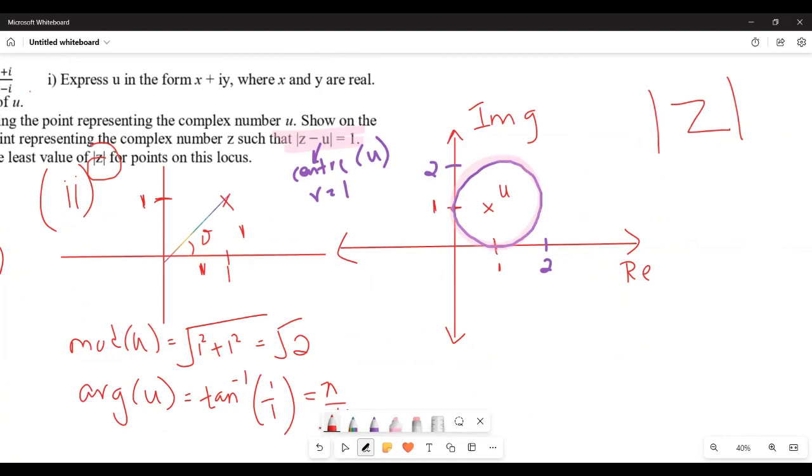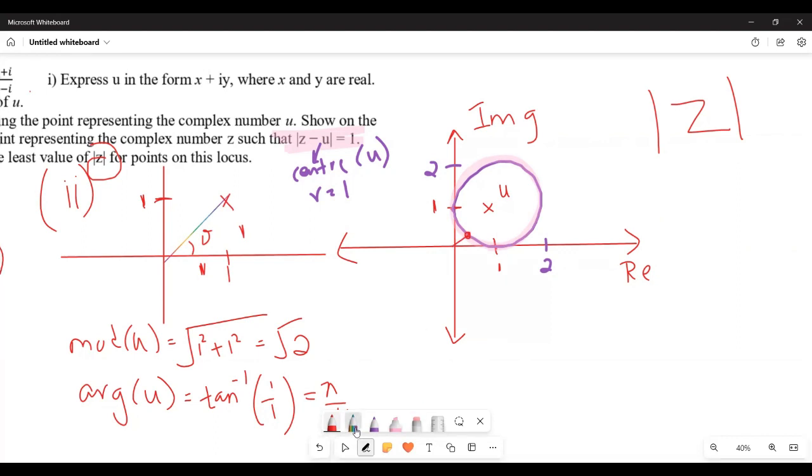So if I choose this point on the circle, this can't be the smallest distance, because if I take this one, then the distance is smaller. But if I take this one, then the distance is the smallest. So that means you have to choose a point here and find this length. That's going to be the smallest possible value of modulus of C.